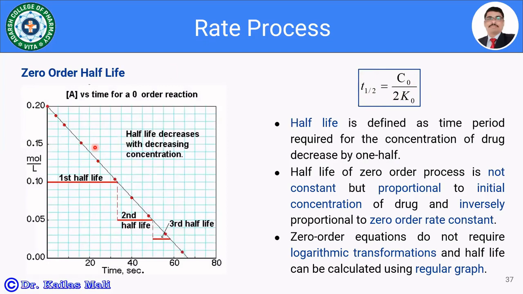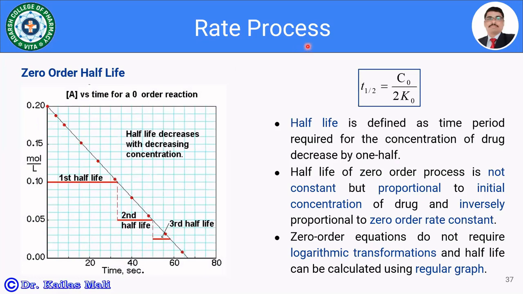Look at the figure or the graph. The plot of C versus T is plotted, and we got the straight line. The first half-life is approximately more than 30. Then the second half-life is less than 30, isn't it? And again, the third half-life is going to be reduced.